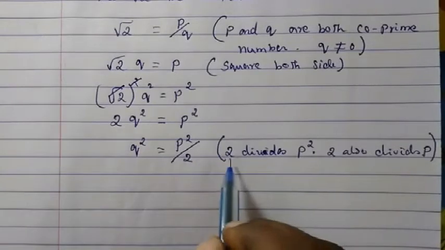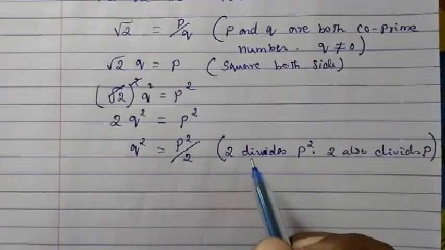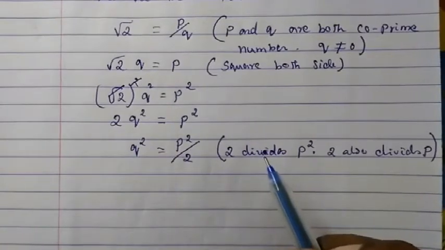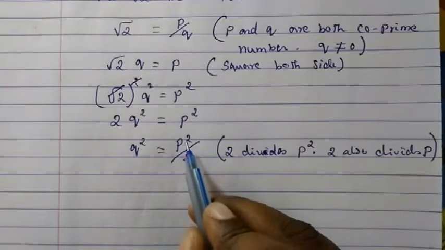This is according to theorem 1.3. What does it say? Theorem 1.3: if p divides a squared, p also divides a. Meaning to say, if 2 is dividing p squared, 2 also divides p.